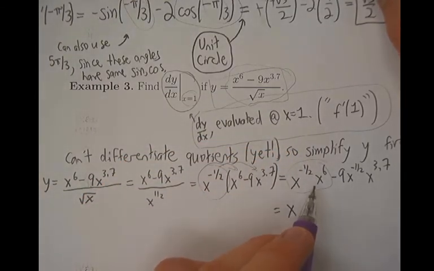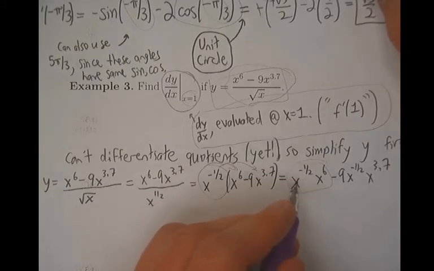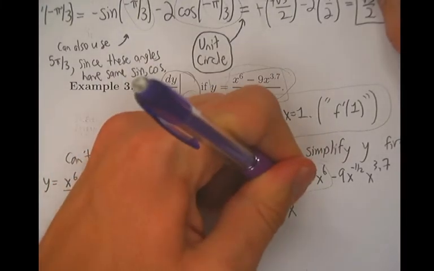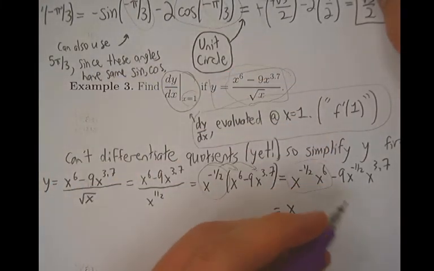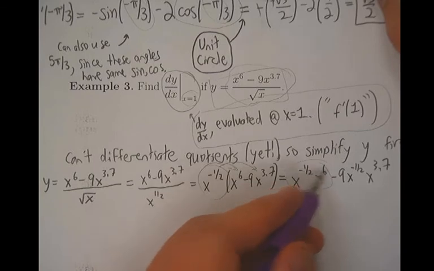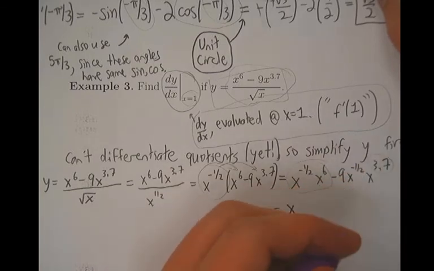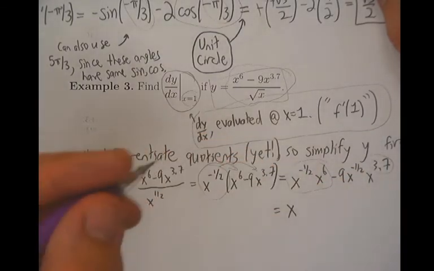Remember our exponent rules: 11 halves, right. But because we have a decimal here, we're just going to use decimals for our powers.